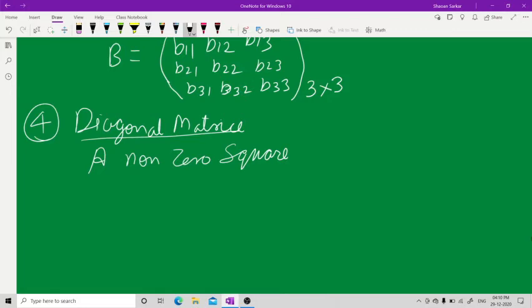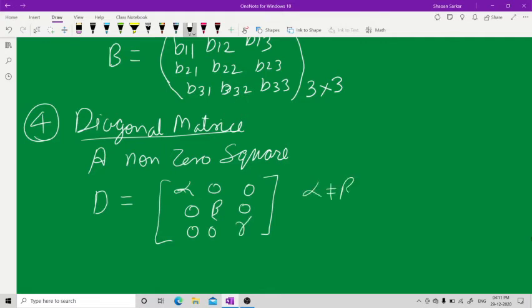How does it look? Let us consider it as D. Let us write the elements on the diagonal: alpha 0 0, 0 beta 0, 0 0 gamma, where alpha not equal to beta not equal to gamma.